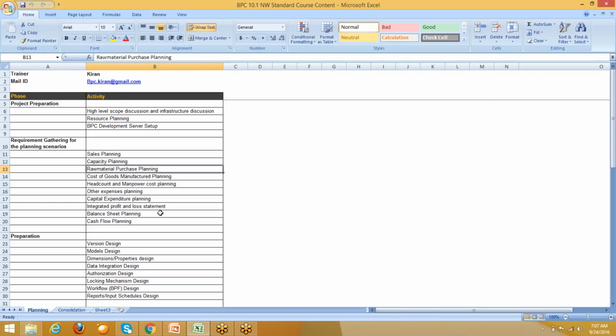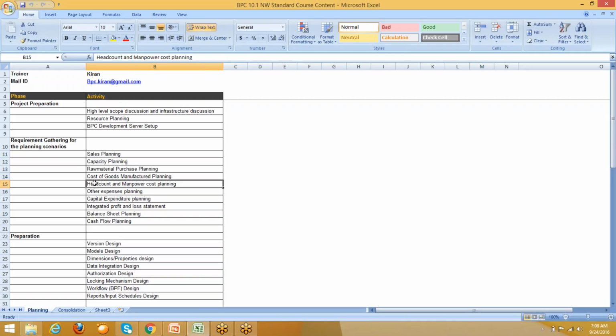Raw material purchase planning: how much raw material is required to produce all my demand or supply related products. Cost of goods manufactured planning: to produce one unit, what is the cost? Based on the raw materials, the component materials, the packaging materials, we have to calculate this.